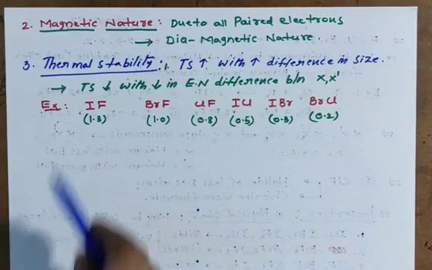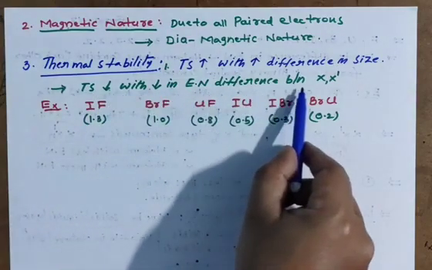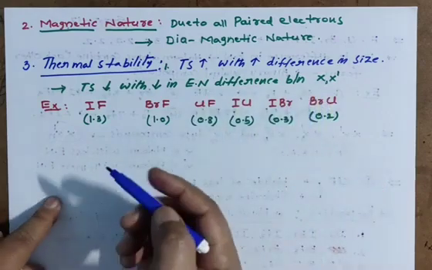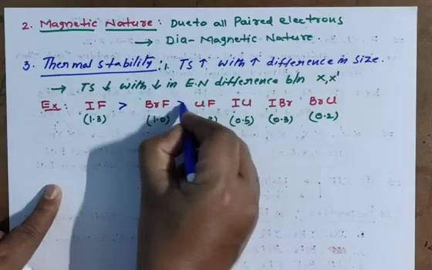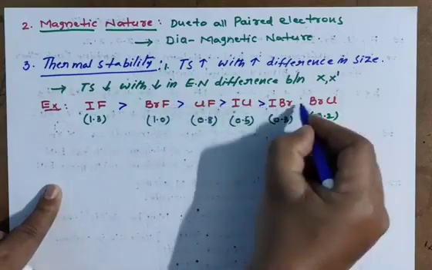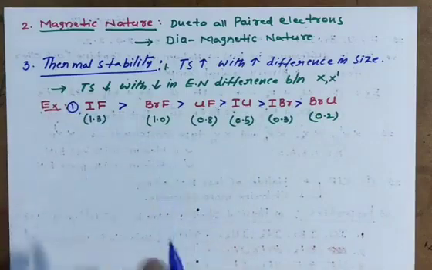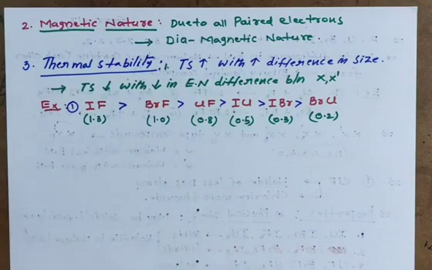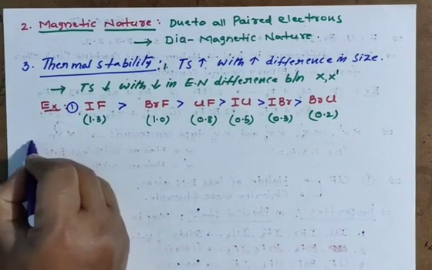Now, I said thermal stability decreases with a decrease in the electronegativity difference between X and X dash. So the thermal stability of these compounds is going to decrease in this order. What is the statement we can make?